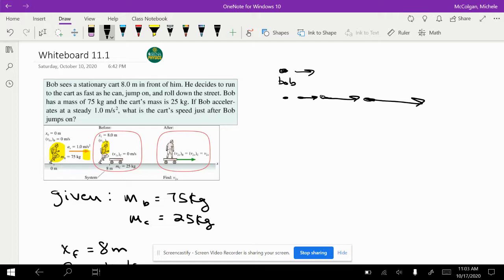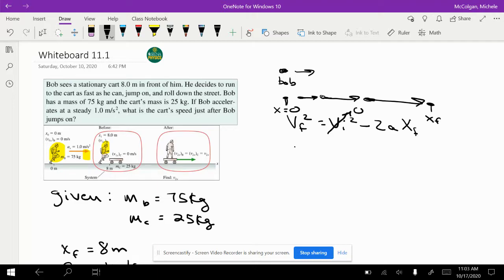Since we're given the x final and the acceleration, we can say v final squared is equal to v initial squared plus 2ax, and we'll call that x final. So he's starting from x equals 0 and going to x final.